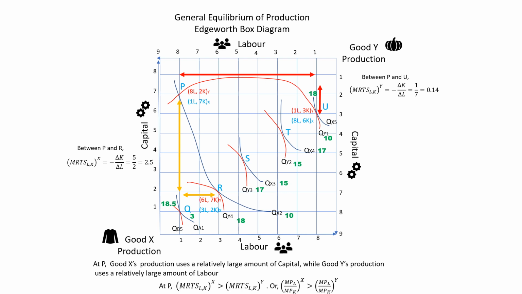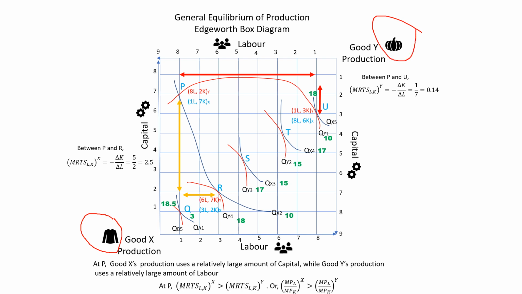So we will be concerned with the distribution or the use of inputs in the production of the goods that the consumers are buying in the marketplace. As we've already used as an example, we have two different goods, good X and good Y, which the consumers are buying. Good X is clothing and good Y is food.